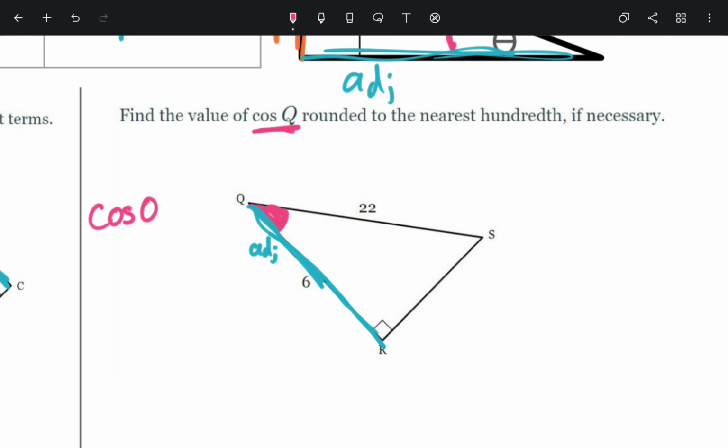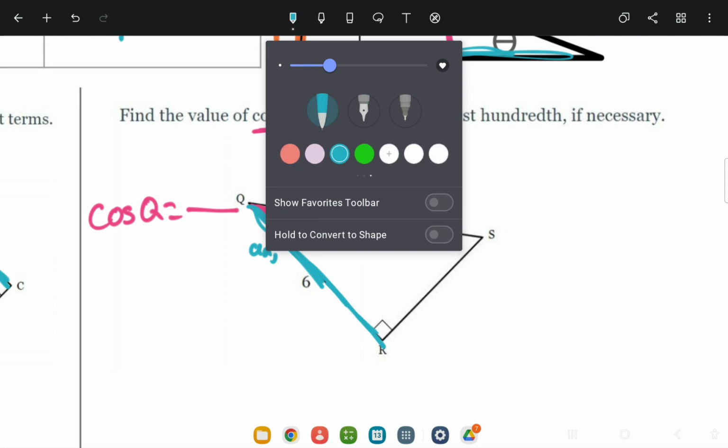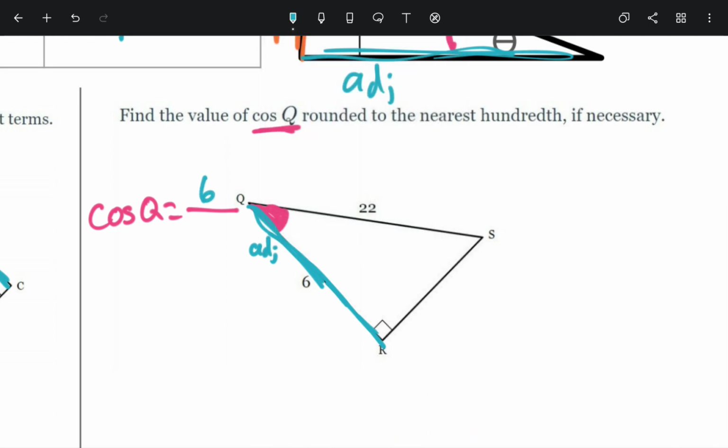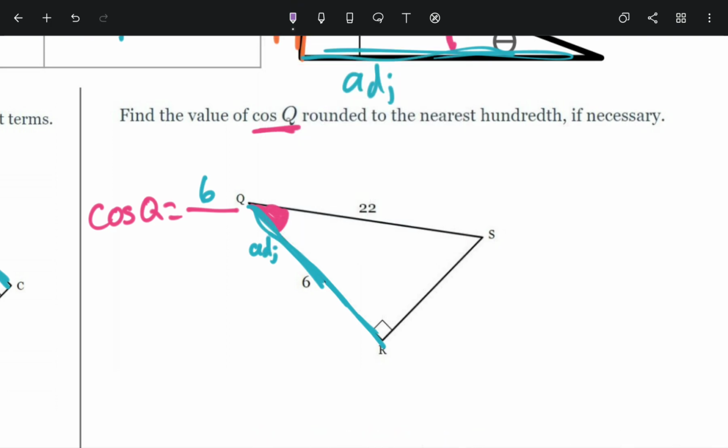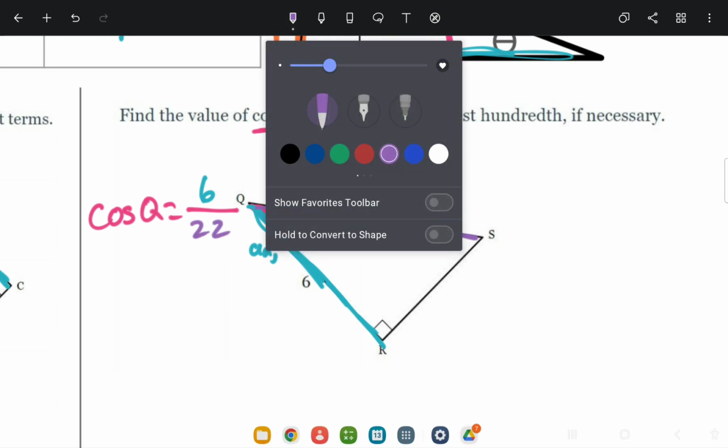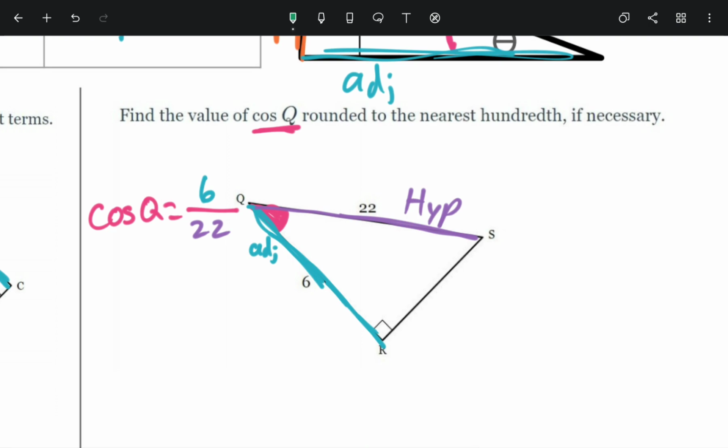So we know cosine of Q equals the adjacent, which is 6, divided by the hypotenuse, which is 22. Now, 6 and 22 are both divisible by 2. 6 divided by 2 is 3. 22 divided by 2 is 11.